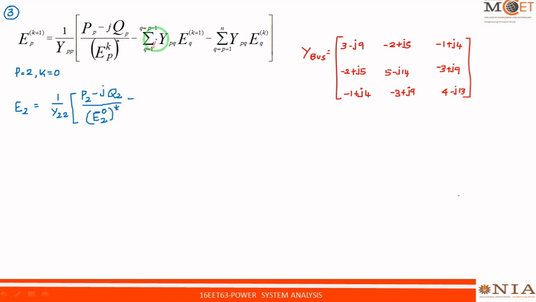the summation over Q equal to 1 to, now P is equal to 2, so 1 to 1. So this becomes minus Y21, since P is 2 and Q is 1 because 2 minus 1 here becomes 1.